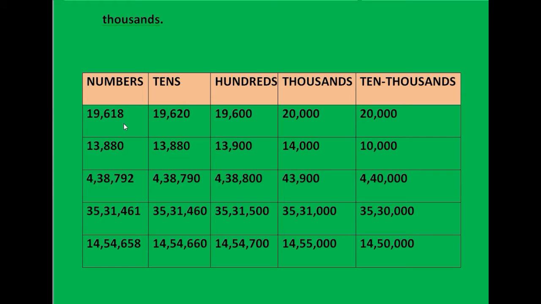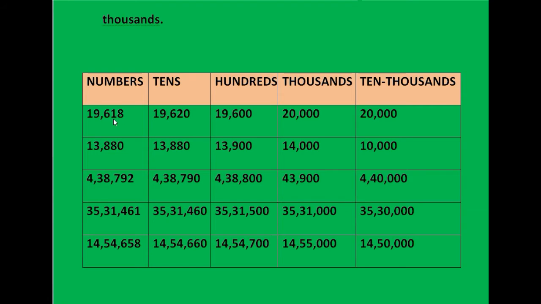Now, the first number is 19618. We have to round this number off to the tens place. It means we have to see the tens place digit, that is 1.